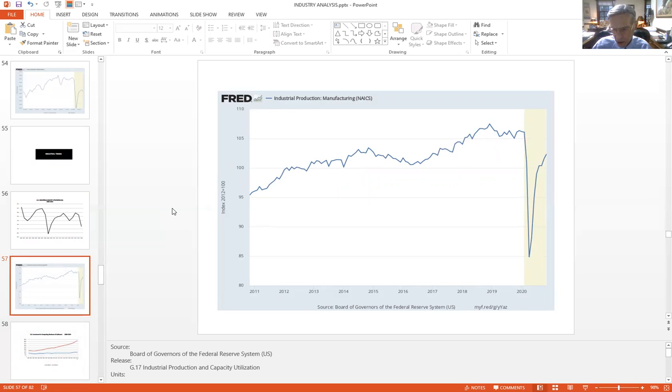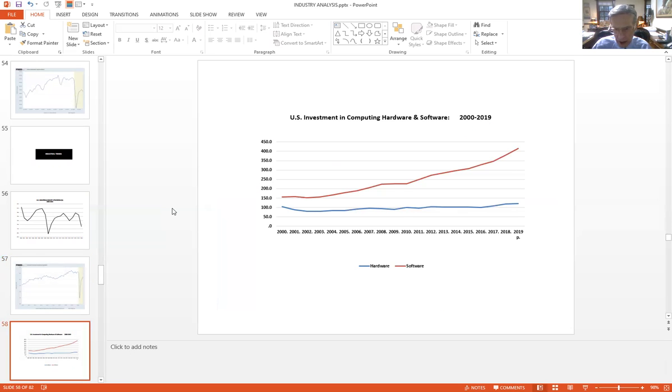It dropped, it's recovering, but it hasn't fully recovered yet. Here we have computing, hardware and software, and the red line is software. And I think you're already aware that the social media and the internet have been extremely important, video conferencing and so forth, to all of us as we've had to stay home and work from home.